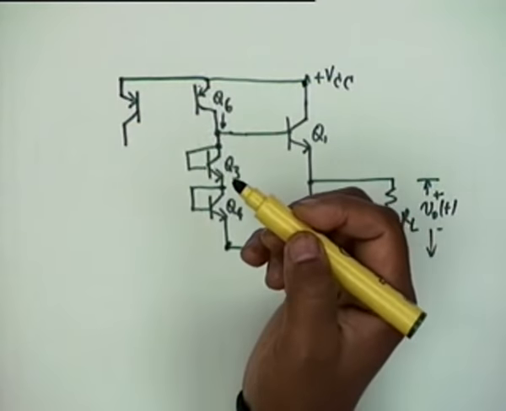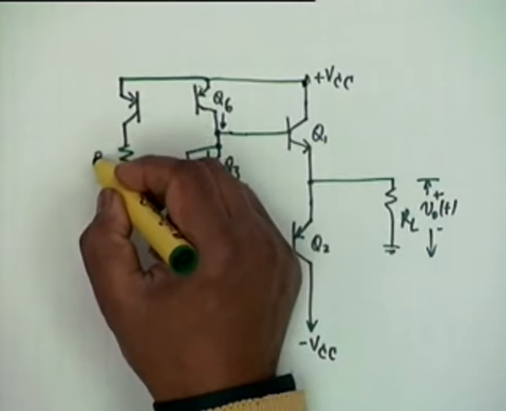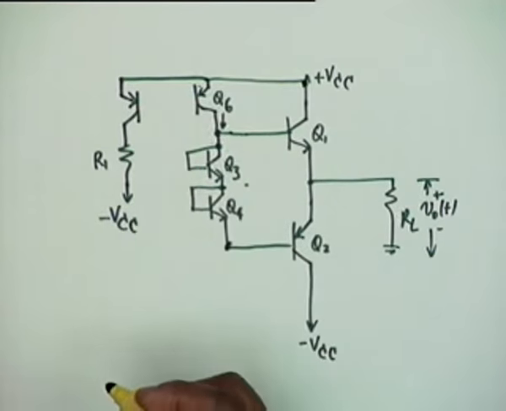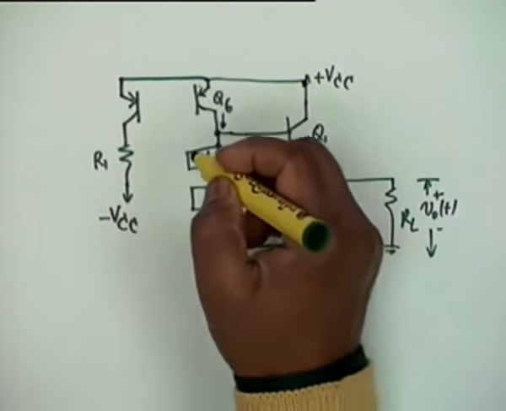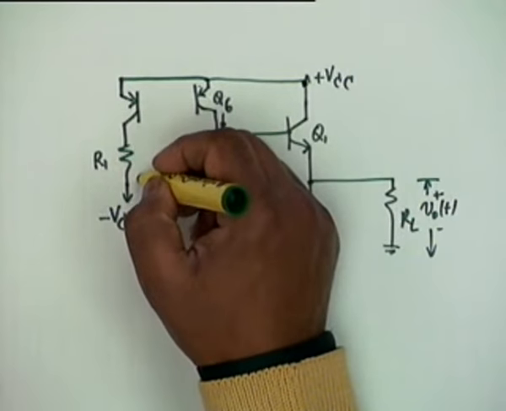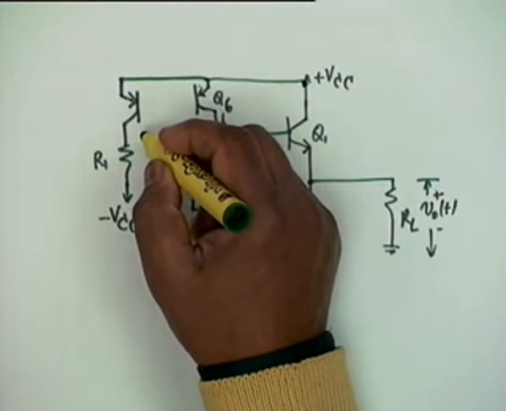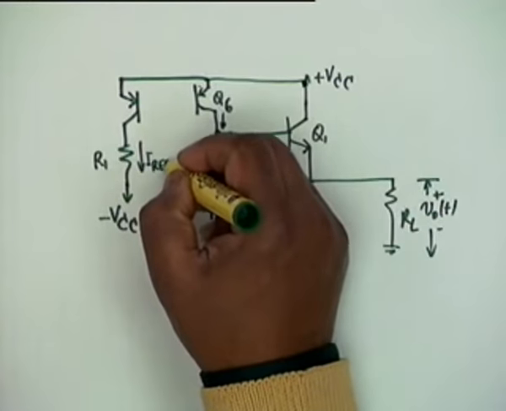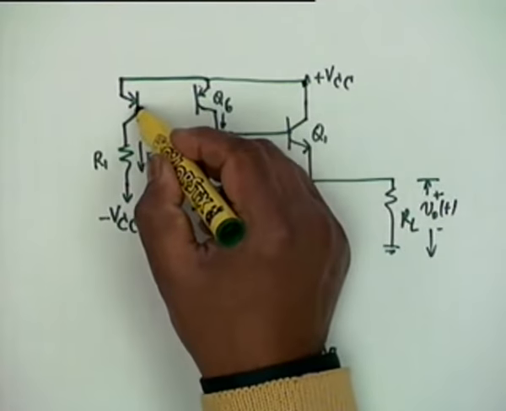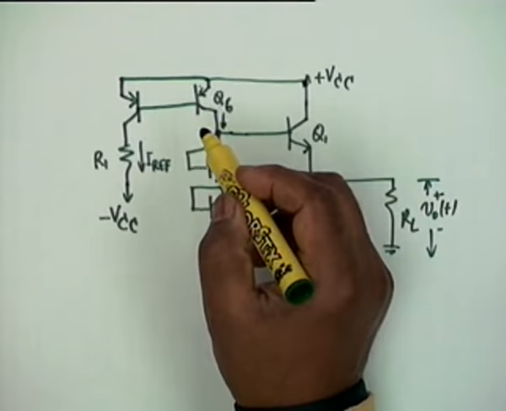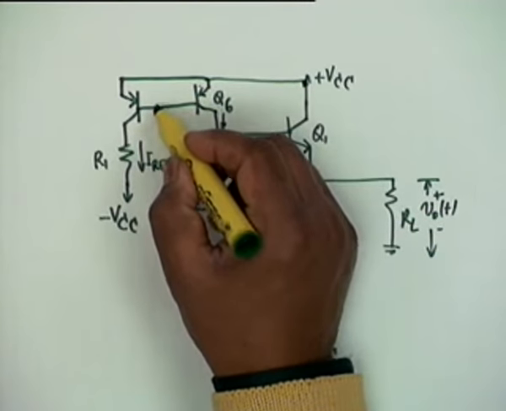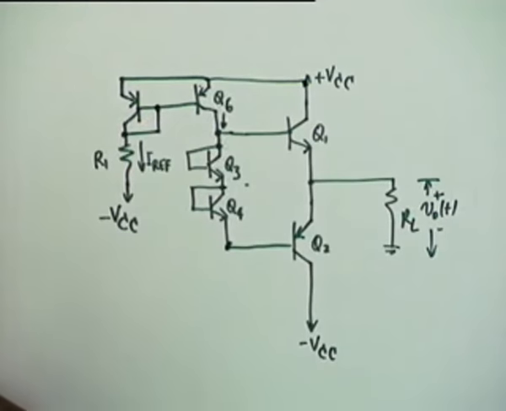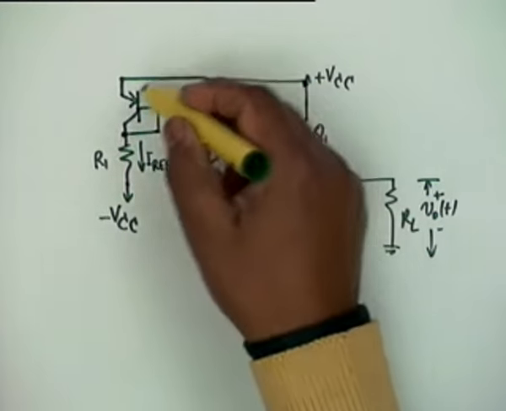This is also a PNP, and we require a small resistance here R1, and this can go to minus VCC. The current here, which direction? Here, this direction or upward? Downward, because it's minus VCC. So this is the reference current IREF, and the two bases have to be connected together, and this has to be a diode connected transistor. Okay, so this is a current mirror.